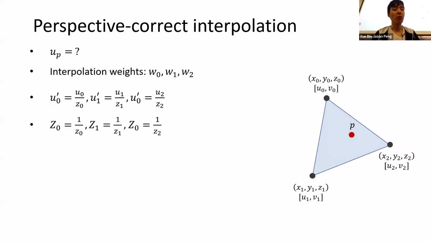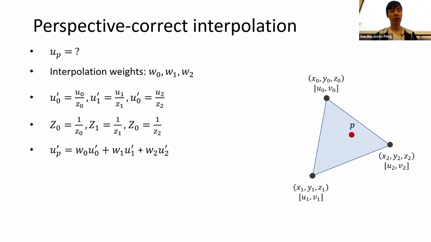We're then also going to calculate one additional value at the vertices, which are the inverted depth values. So here we just take the z coordinate of every vertex and take the reciprocal of that. For each of the vertices, we calculate 1 divided by the depth of that vertex. Now, to calculate the interpolated values, we apply regular barycentric interpolation on the depth projected values.